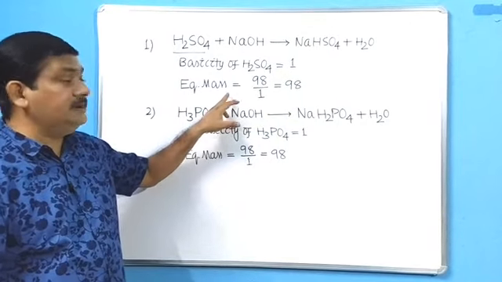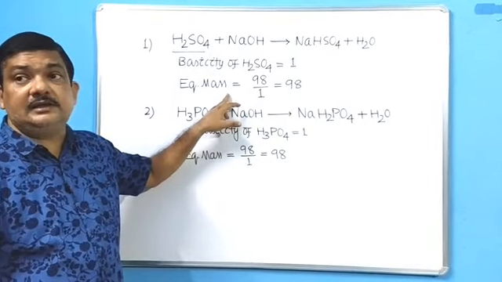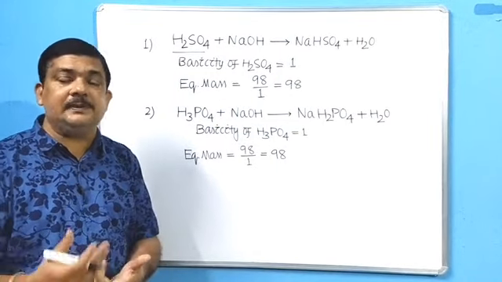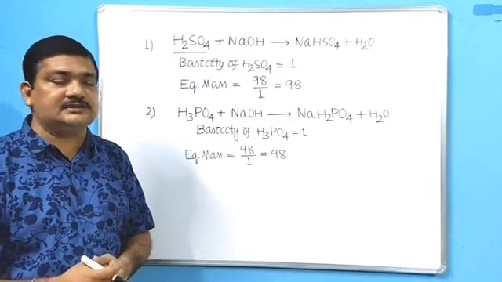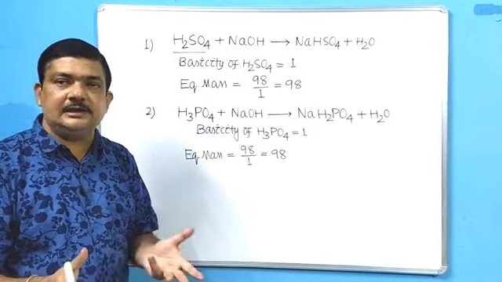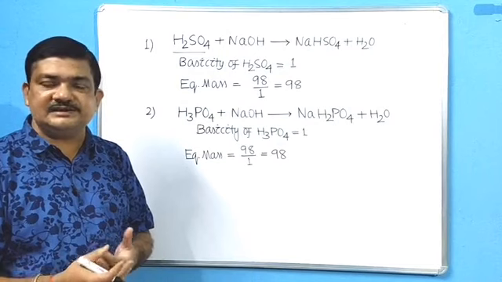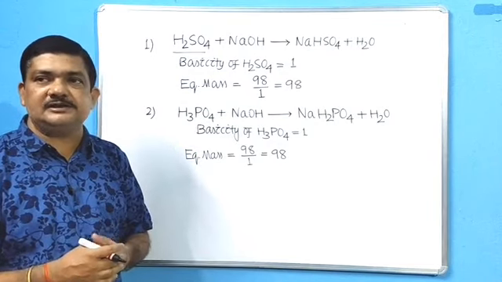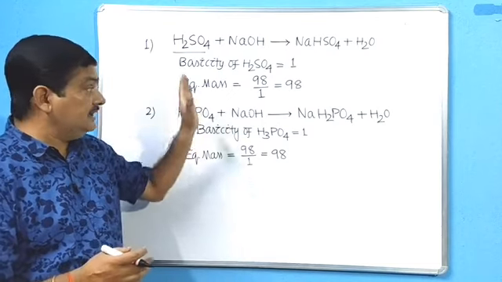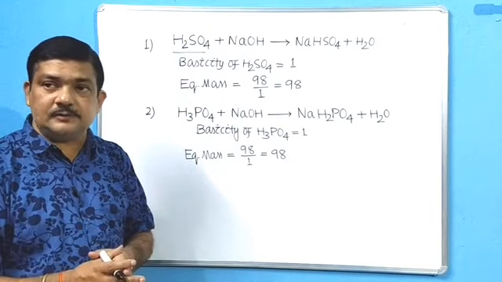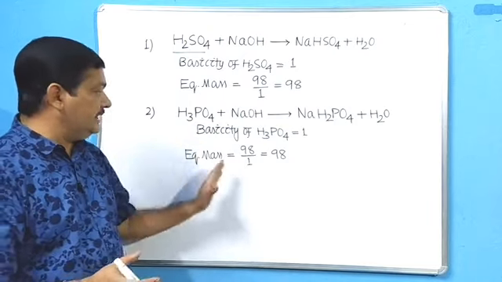But don't be confused. Once I am telling you the equivalent mass of sulfuric acid is 49, once I am telling you it is 98. It depends on the conditions and reactions. Normally, if you are asked to find out the equivalent mass of sulfuric acid, it will be molecular mass by basicity. Normally, H2SO4 releases 2 H plus ions, so the normal basicity of sulfuric acid is 2. But in this case, it is only losing 1 H plus ion, so its basicity becomes 1, so the equivalent mass will be 98.